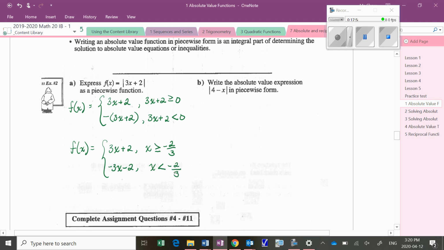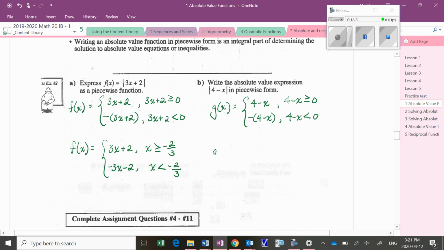Okay, this one's a little bit trickier perhaps, and it will certainly come up when we're solving our absolute value equations. So when we've got the absolute value of 4 minus x in piecewise form, we could say g of x, well, we used f of x before, so we'll call this one g of x, is equal to the positive version of 4 minus x when 4 minus x is greater than or equal to 0, and the negative of 4 minus x when 4 minus x is less than 0.